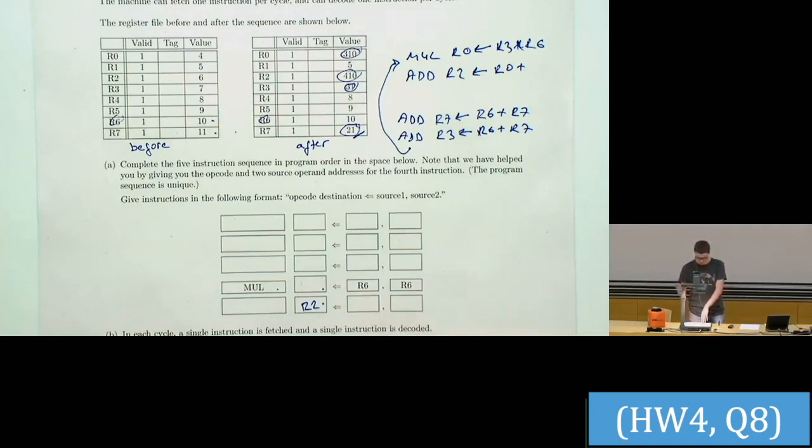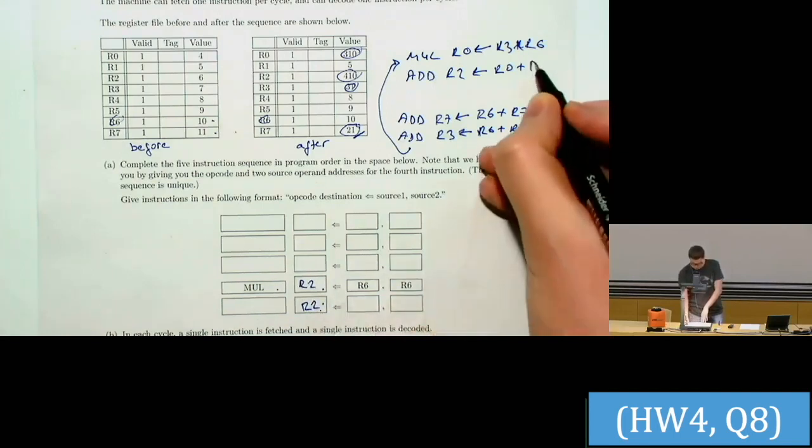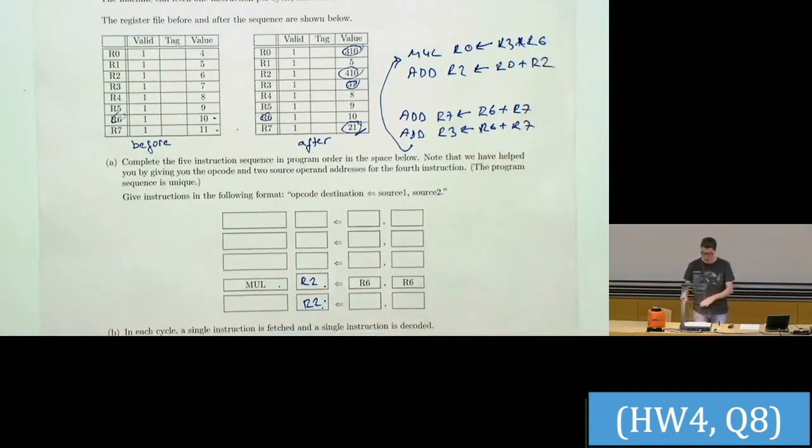And in the beginning, we said that it should be the same as the instruction that is following it. So the last instruction should also be R0 plus R2, right?